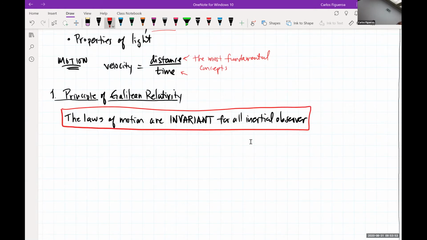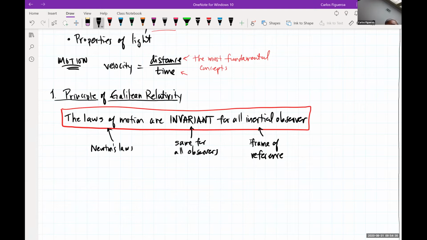Let me make sure that I explain this. When they say the laws of motion, what they really mean is Newton's laws. And when they say invariant, what they mean is that they're the same for all observers. And the word inertial is about a frame of reference.